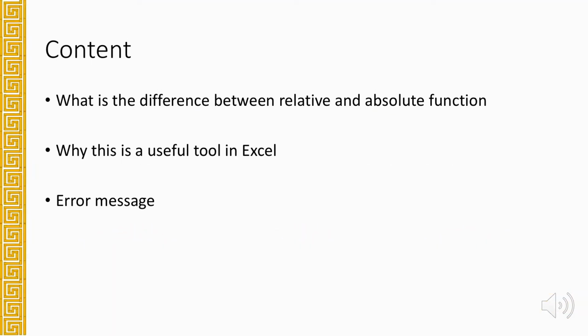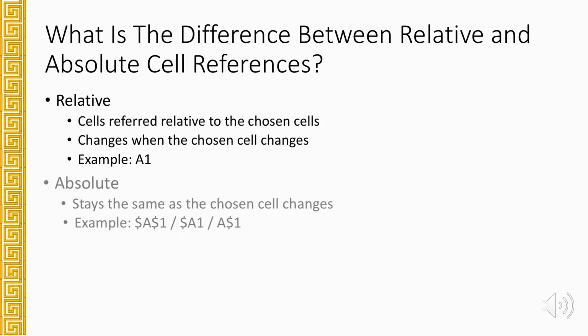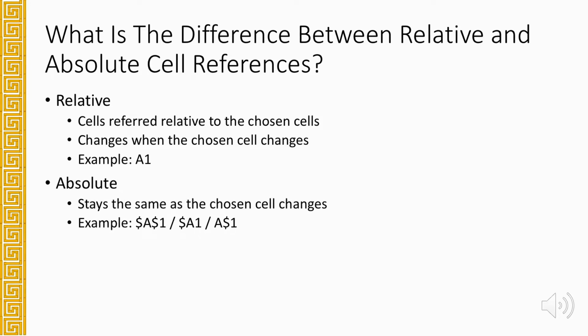What I'm going to go through today is what's the difference between the relative and absolute references, why this is a useful tool in Excel, and some error messages or incorrect formulas that might occur. So the difference between the relative and the absolute is which cells you are referring to and what happens when the values of those cell references changes.